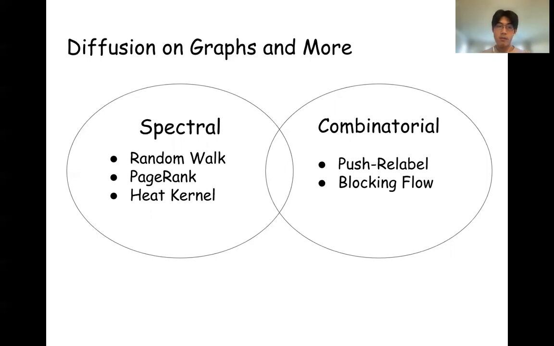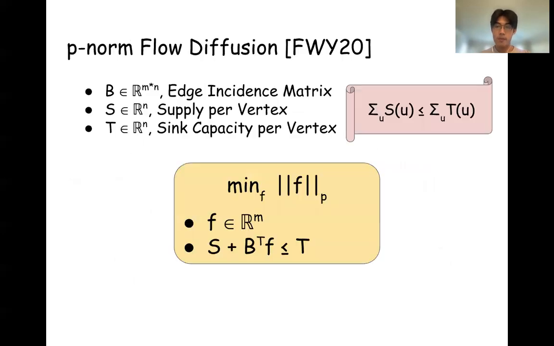And in a paper by Fountoulakis in 2020, they proposed this new model of diffusion called p-norm flow diffusion. So p-norm flow diffusion is modeled as the following optimization problem on graphs. Given some initial supply on each vertex encoded by this vector S, I want to find a flow to distribute this initial supply to the entire graph, such that it respects the sink capacity per vertex.